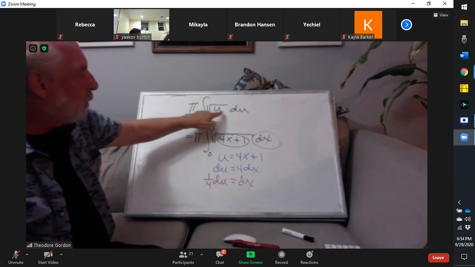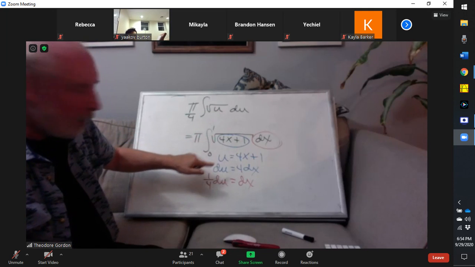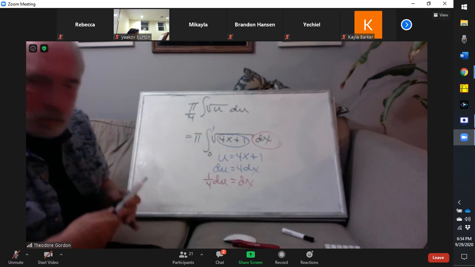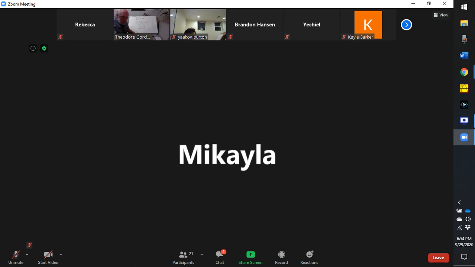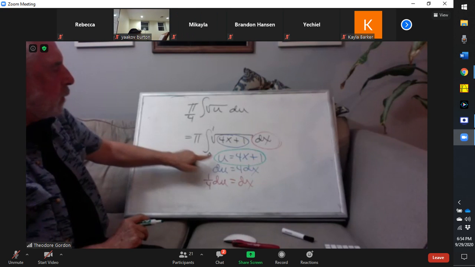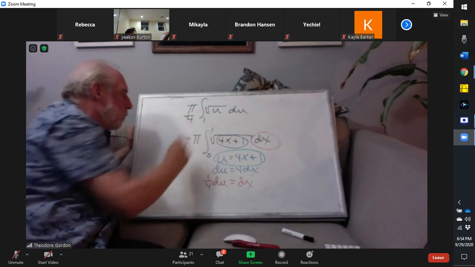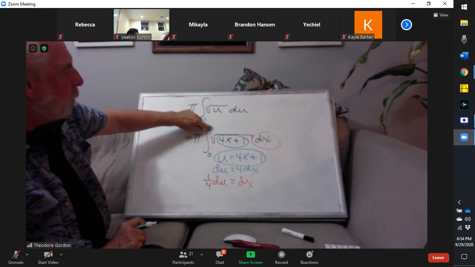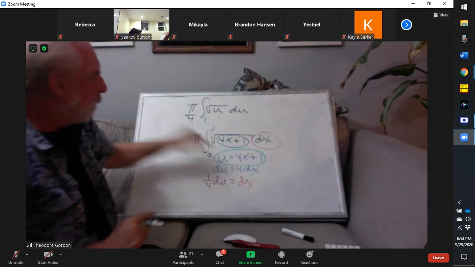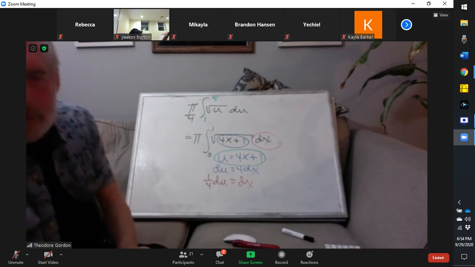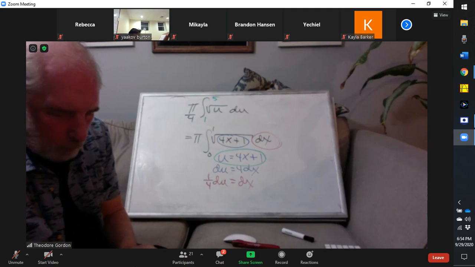This integral is in terms of u's, so I have to change them, and we use this. When x is equal to 0, u is equal to 1. When x is equal to 1, u is equal to 5. And that's the integral that we're going to do.